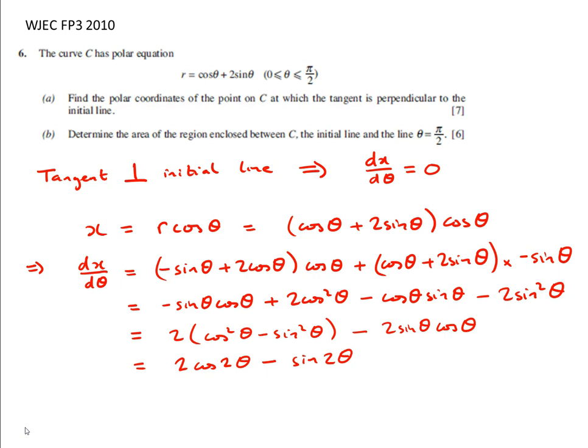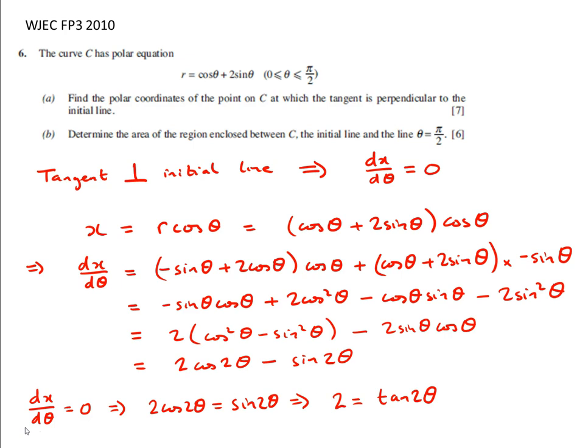Cos squared theta minus sine squared theta is cos 2 theta, and 2 sine theta cos theta is sine 2 theta. So dx by d theta is 2 cos 2 theta minus sine 2 theta. We want dx by d theta to equal 0, so we need 2 cos 2 theta equals sine 2 theta. In other words, tan 2 theta must equal 2.